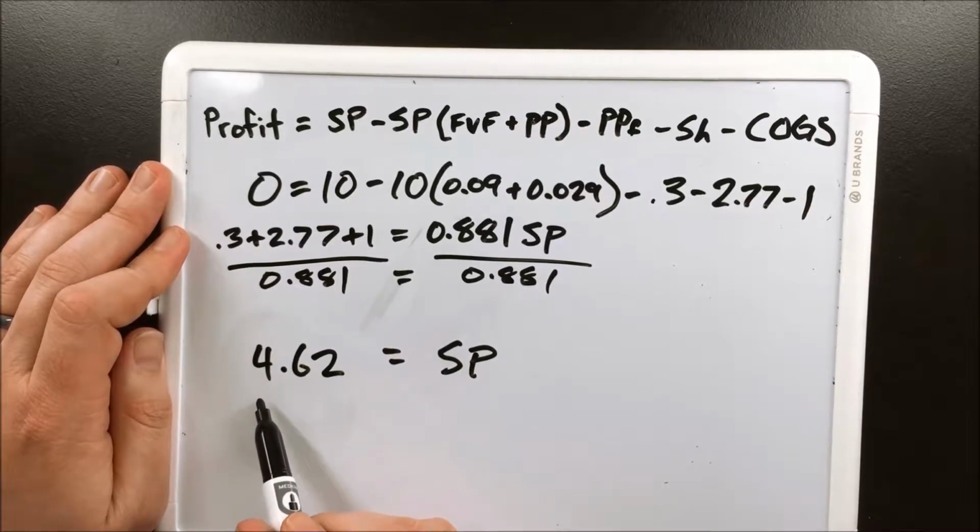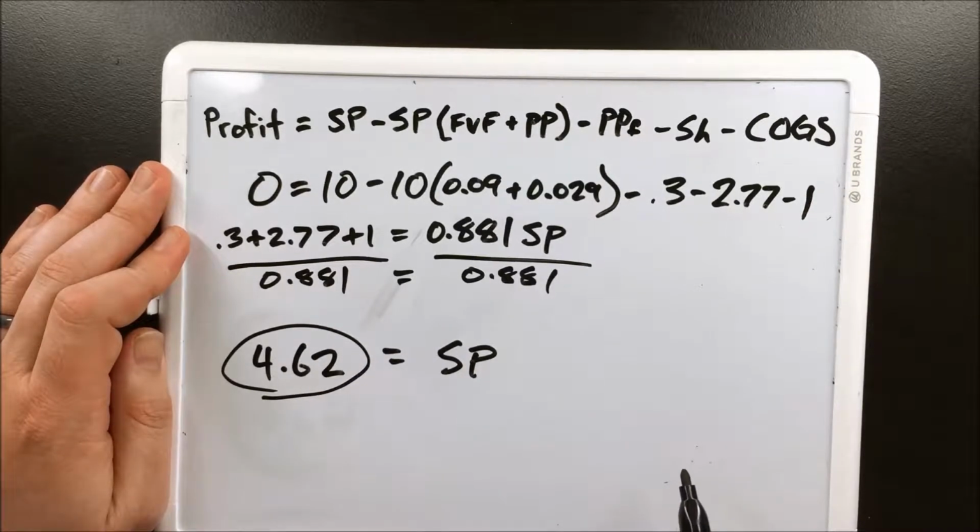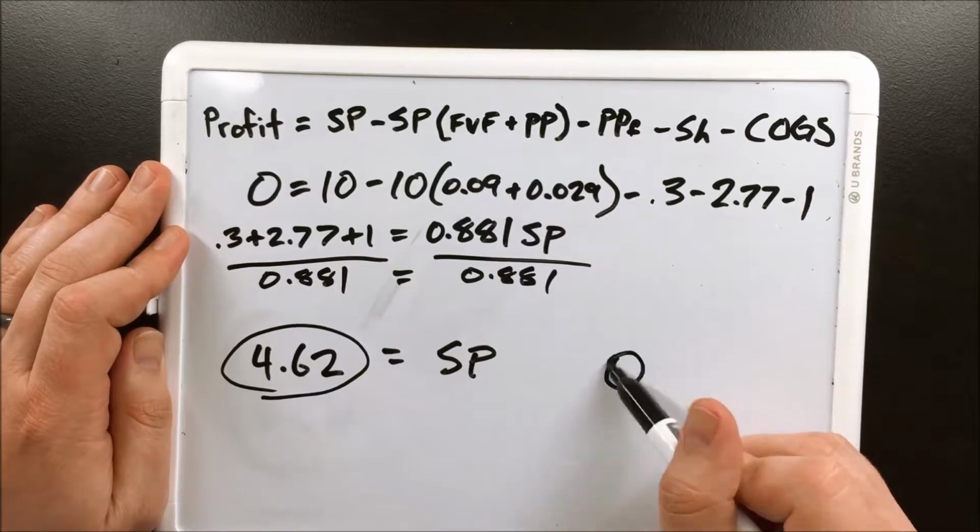So if you sell the item for $4.62, you will break even. You'll make $0 profit.